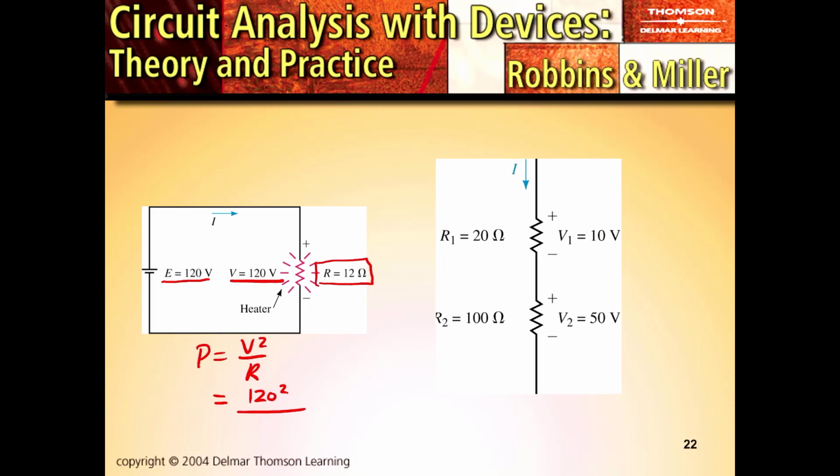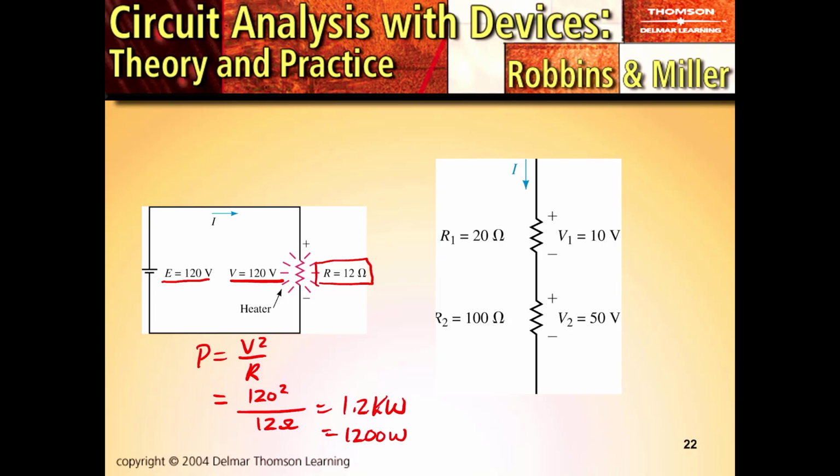That's our whole units of volts divided by our whole units of ohms to give us V squared divided by 12. That's going to be 1.2 kilowatts or 1200 watts.